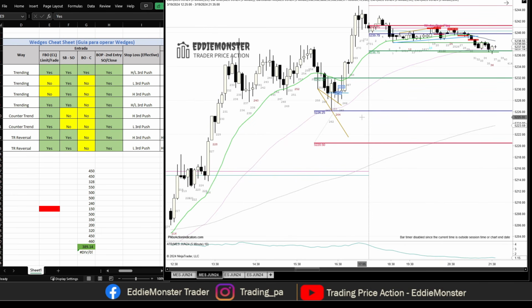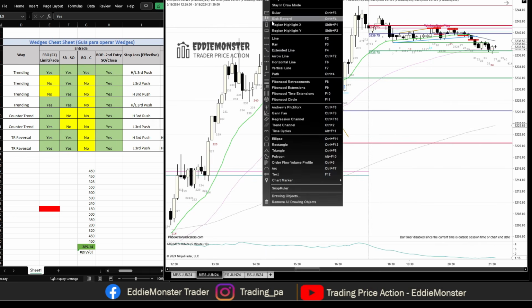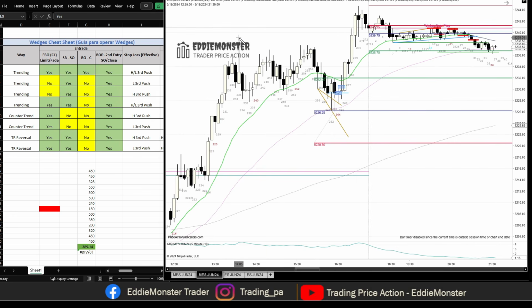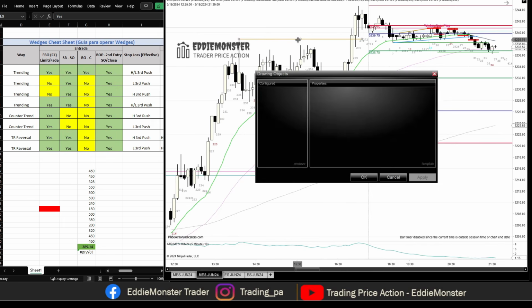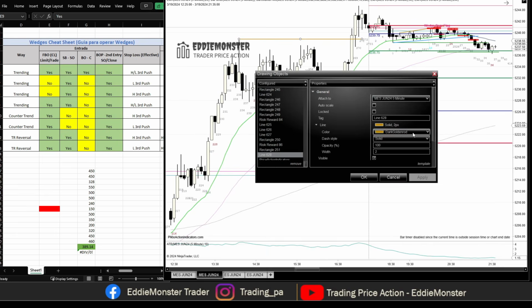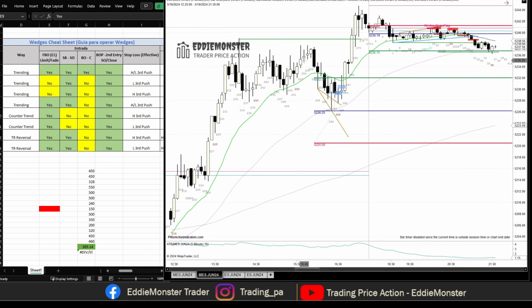And then what are the targets? Target is the start of the wedge, or if we are in a trending day, we can look for the high of the day. Double top, right? The start of the wedge is basically this line here.